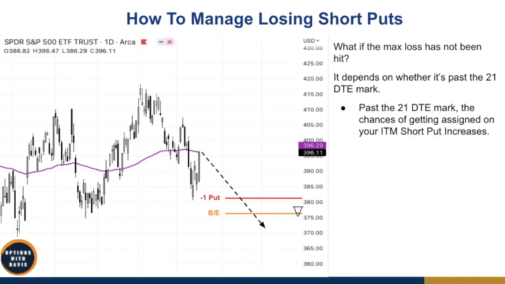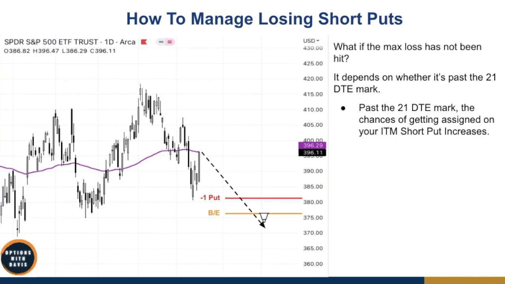So this is one thing that you want to avoid, and the way you can avoid this is by not letting this option trade go past the 21 days to expiration mark. Because the time when the buyer is most likely to exercise their option is when the extrinsic value is very little, right? Extrinsic value is very little when the option is deep in the money. That's where the intrinsic value will be very high, but the extrinsic value will be low.